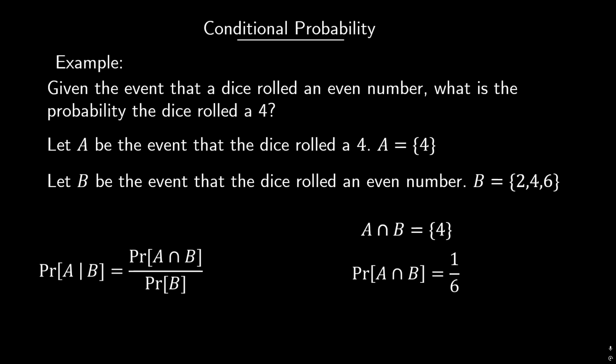We only have one outcome out of the 6 possible outcomes, so this is 1 over 6. What about the probability of B? That's just the size of B divided by the number of possible outcomes, which is 6. So this is just 3 over 6. If we work this out as a fraction, this becomes 1 over 6 divided by 3 over 6, which is actually just 1 over 3.